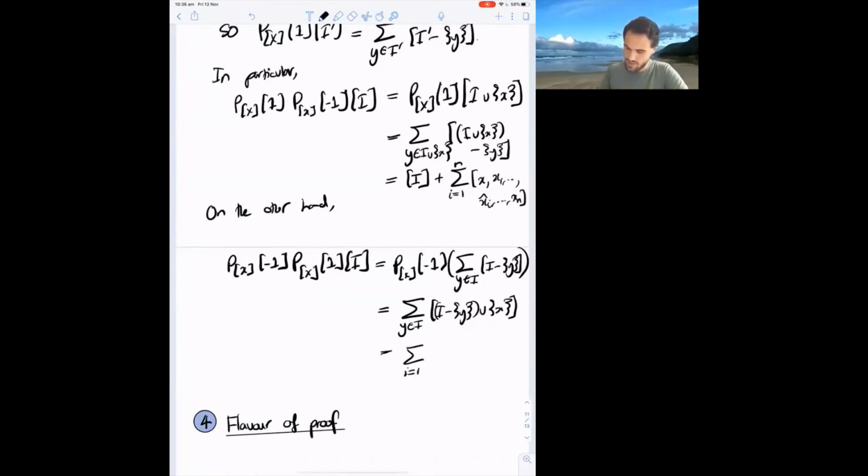So we have i equals 1 up to n of x, x1, leave out xi, go up to xn, and we never got I back. So what that shows you is that when you take the difference of this and this, the only term left remaining is I.